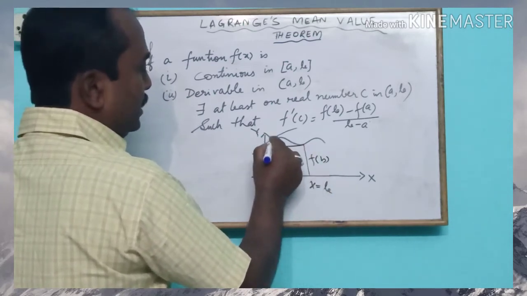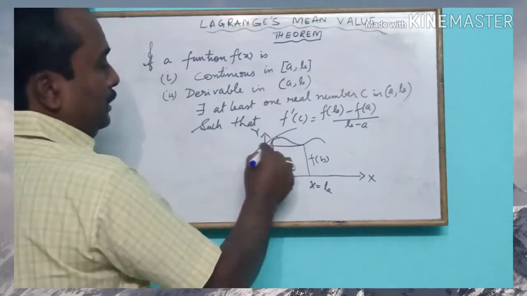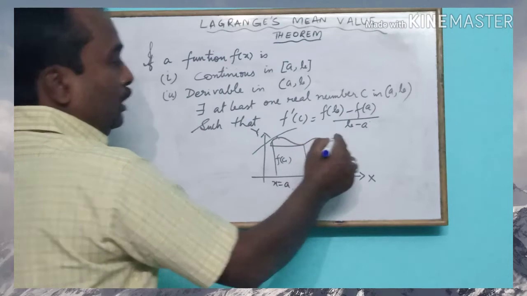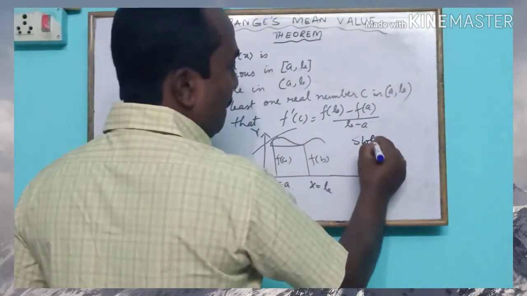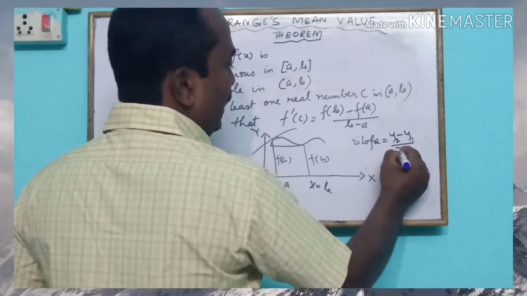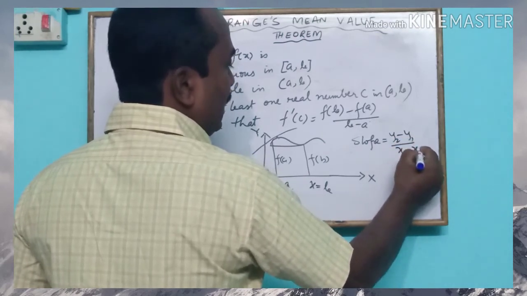If I join this, then the slope of this line is, as you know, y2 minus y1 by x2 minus x1.